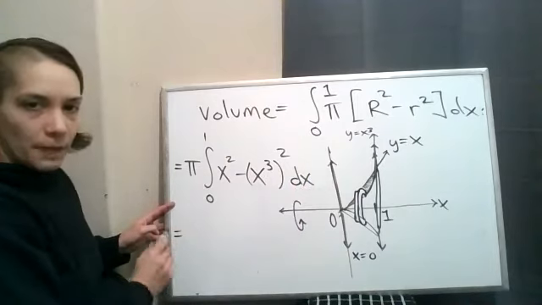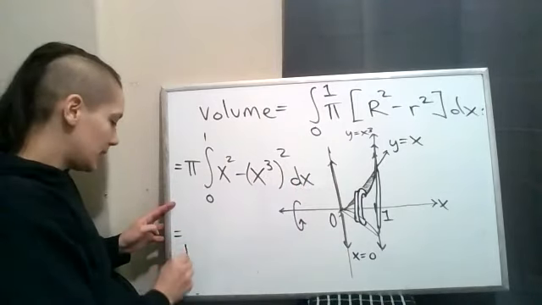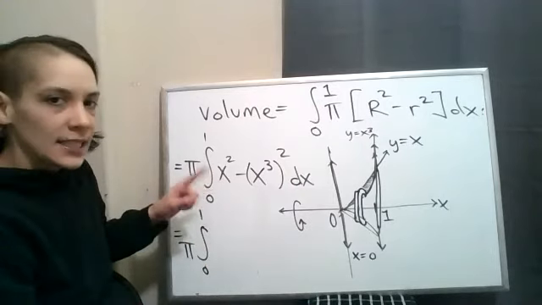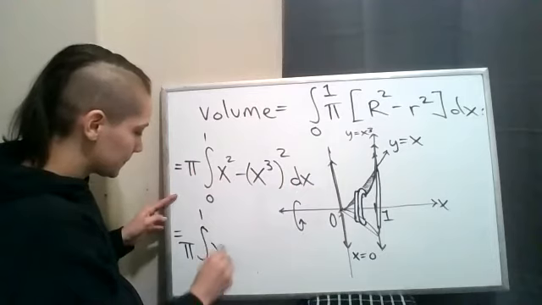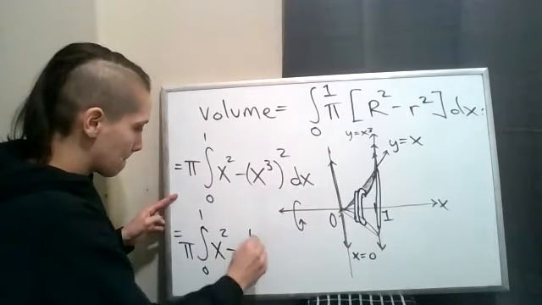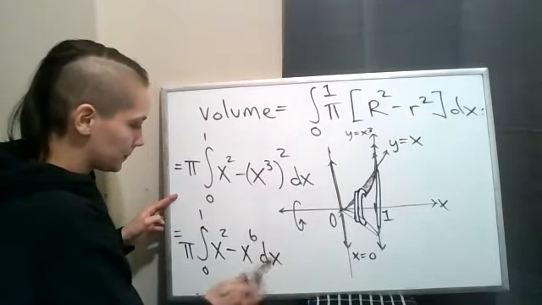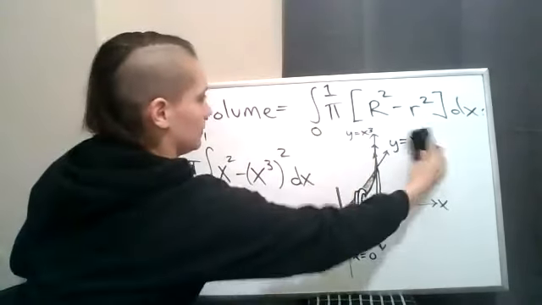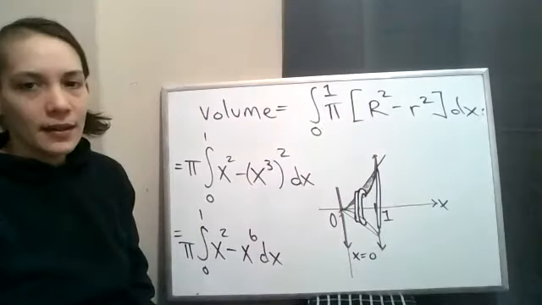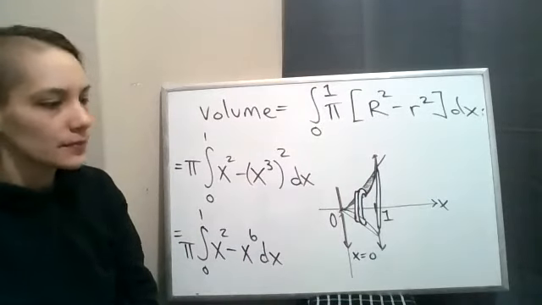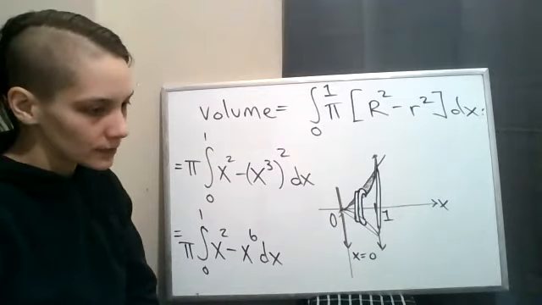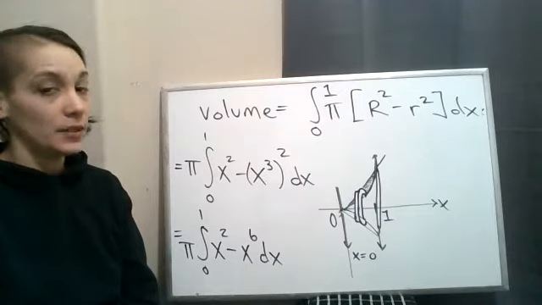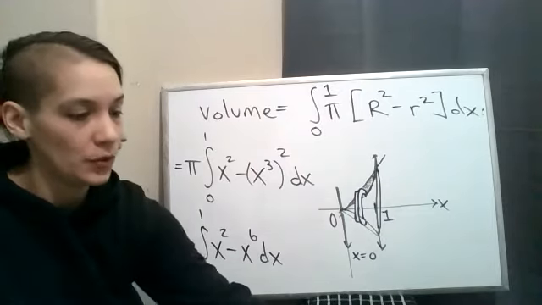So pi times the integral from 0 to 1 of x squared minus x to the 6th dx. And then I'm going to do one more example for washers and move on after that.